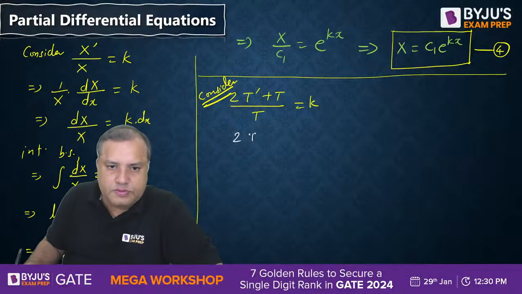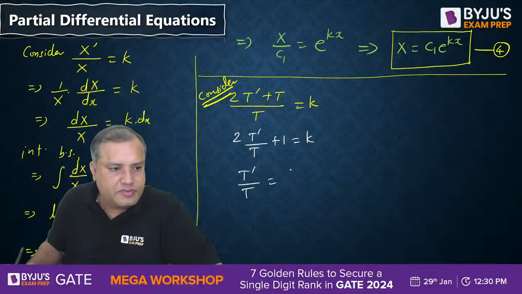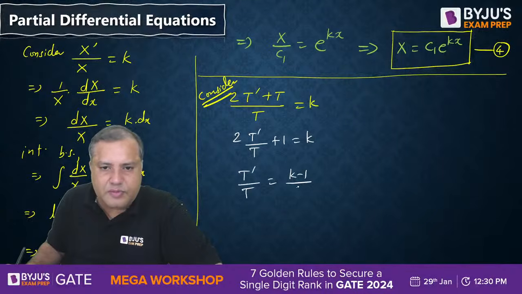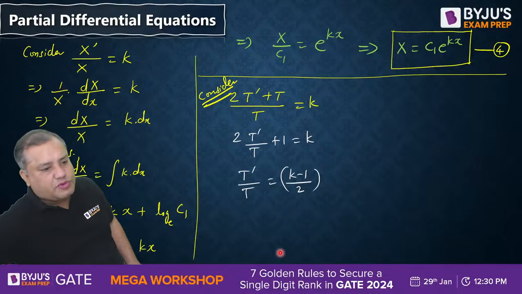Here 2 T dash upon T, T upon T will be 1, equal to k. So T dash upon T will be k minus 1 upon 2.